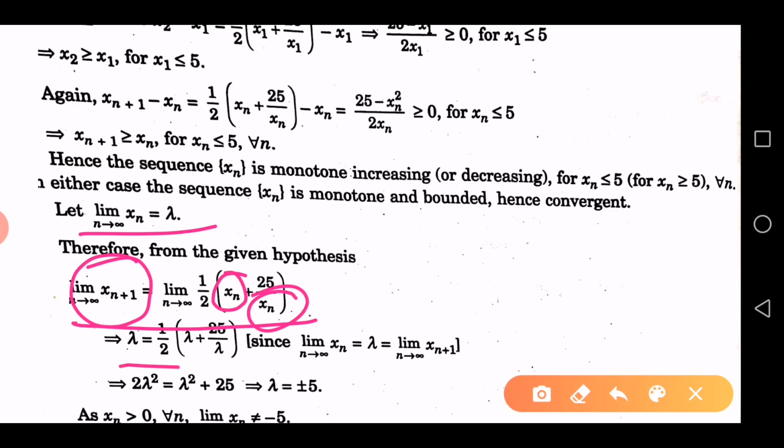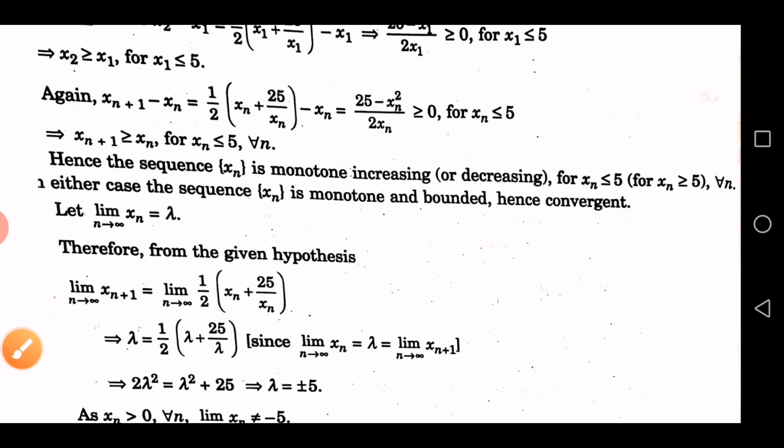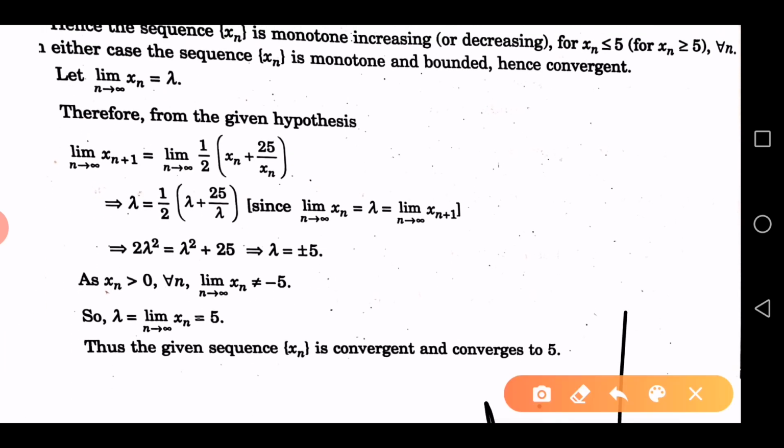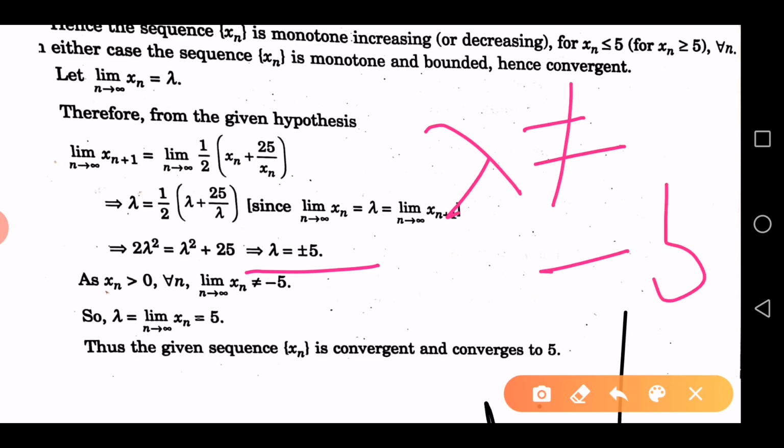So lambda equal to half into lambda plus 25 by lambda, which when simplified gives lambda equal to plus or minus 5. But the limit of x_n cannot be equal to minus 5 as all the terms of the given sequence are positive. Therefore lambda must be equal to 5. So limit of the given sequence x_n equal to 5. It is a convergent sequence and it converges to 5.